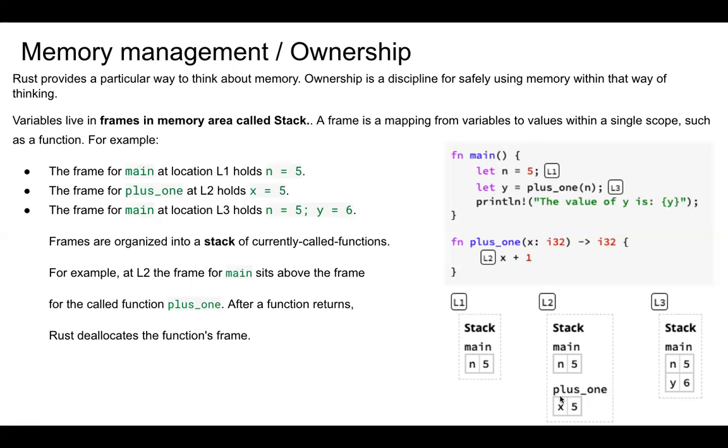So it allocates a new memory area for this plus1 function, names it x, and stores the value 5 in it. Then when this function returns, it goes out of scope. When this line is executed, let y be equal to this. So y is equal to whatever plus1 returned: x + 1, which is 6. So here, 6.